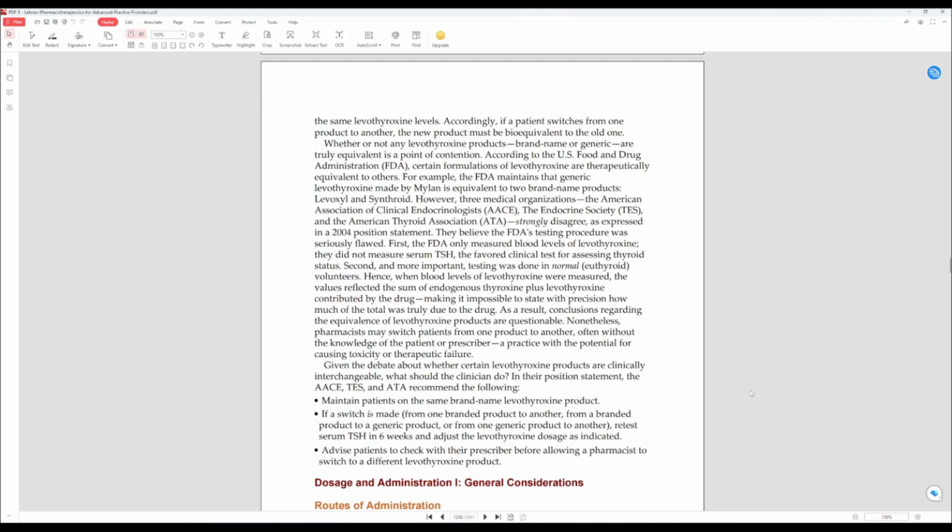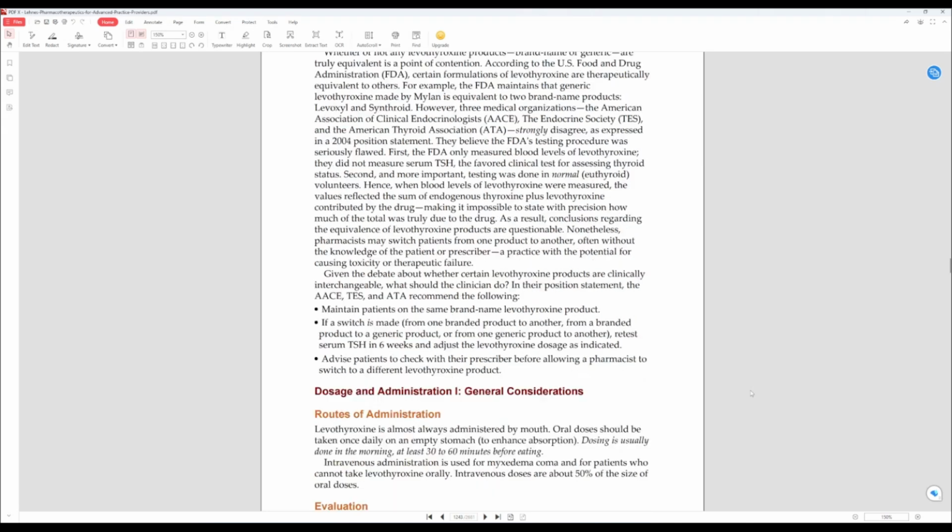As a result, conclusions regarding the equivalence of levothyroxine products are questionable. Nonetheless, pharmacists may switch patients from one product to another, often without the knowledge of the patient or the prescriber, a practice with the potential for causing toxicity or therapeutic failure.